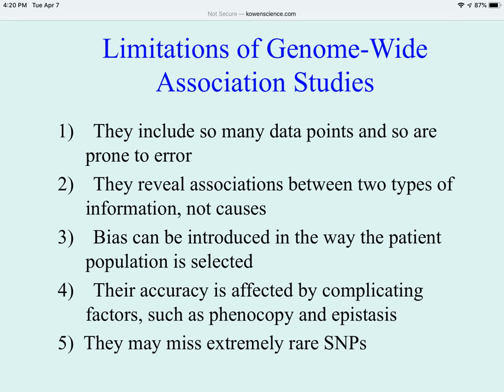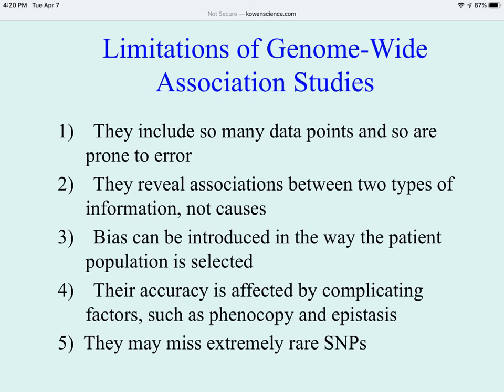Now, with all types of studies, there are limitations. With the genome study, there's many data points, so that there are conditions of error. We also have associations between 2 types of information, but we don't have causes. We can have biases.